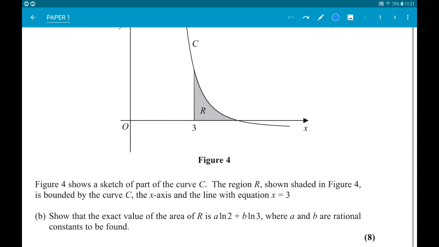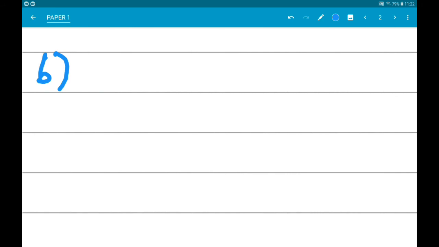So, the first thing I'm going to do is find the x-intercept. So, we need 15 minus 3x over 2x minus 4 times x add 3 to equal 0.